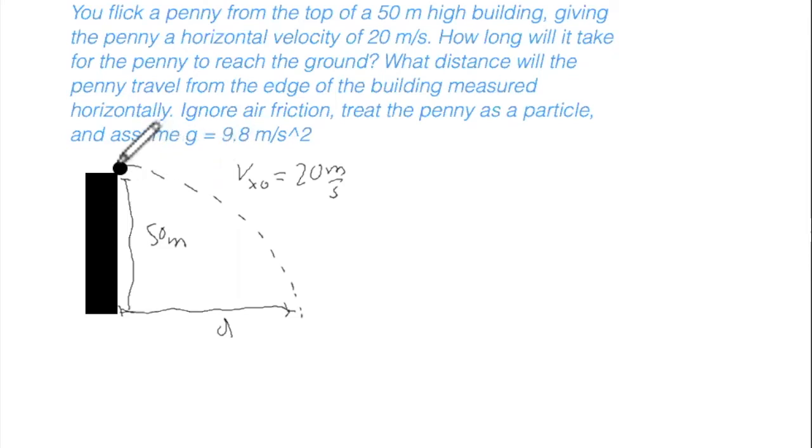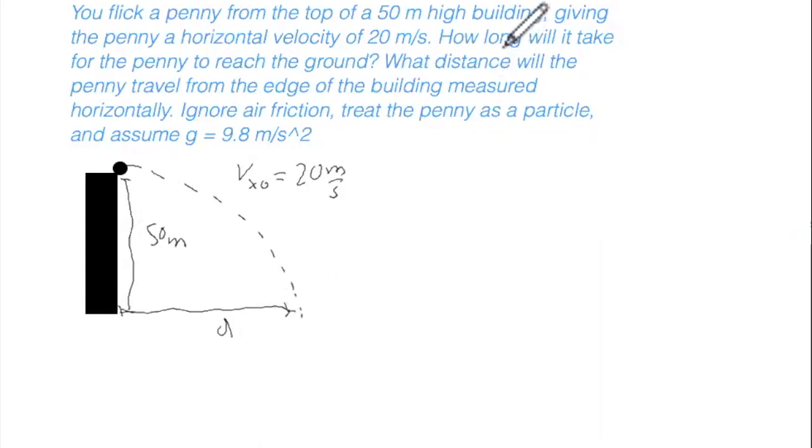So the penny is here, and this building is 50 meters high. So you're solving for two unknowns: the time it takes for the penny to fall to the ground, and how far the penny will reach from the edge of the base of the building measured horizontally, which is denoted as d.